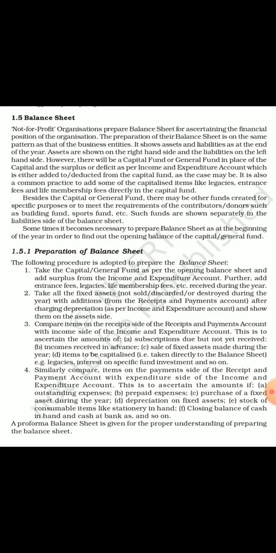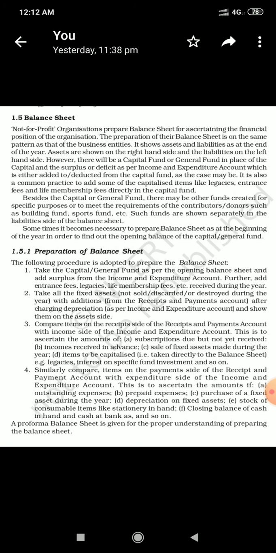It shows assets and liabilities as at the end of the current year or working year. Assets are shown on the right hand side and liabilities on the left hand side. However, there will be a capital fund or general fund in place of capital.